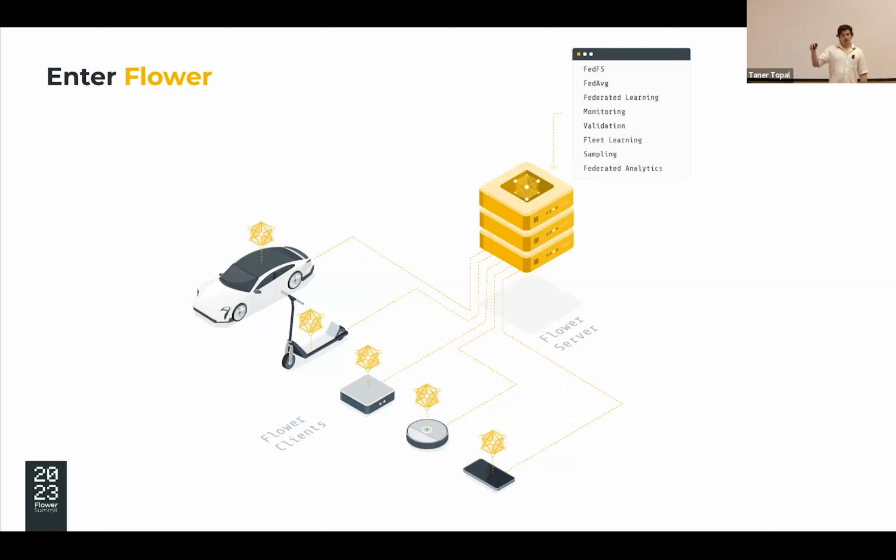Then a Flower server that will sit on the server. And this Flower server is going to be initialized with a strategy. So we can choose from different strategies that will allow us to deploy a whole range of workflows.